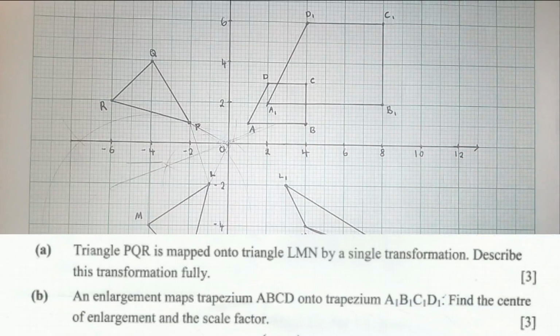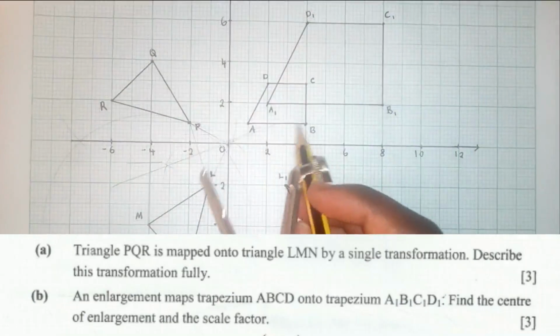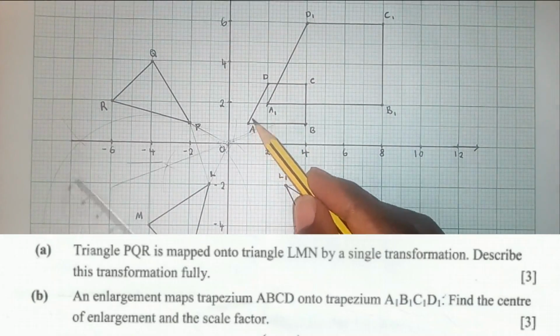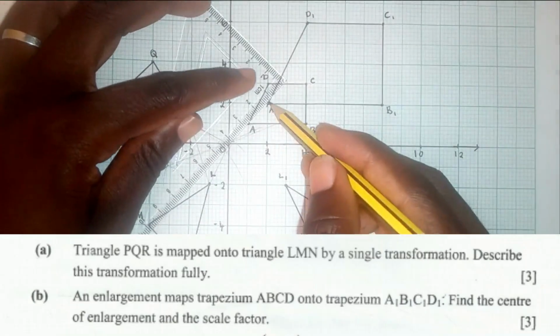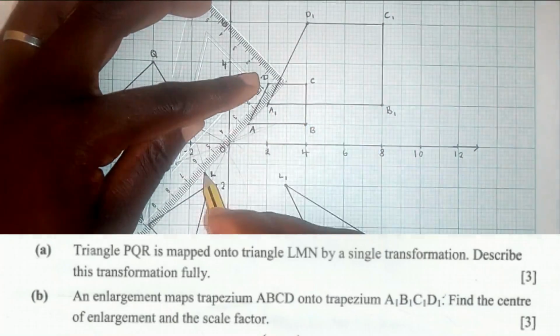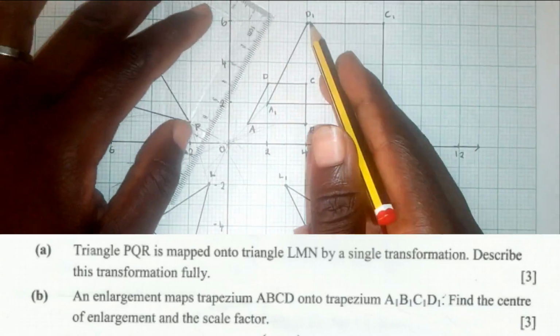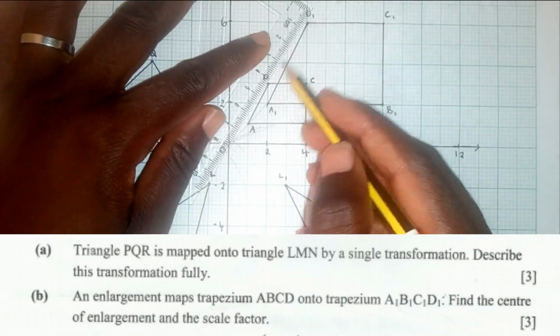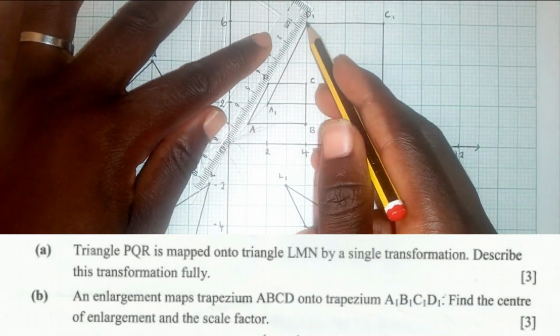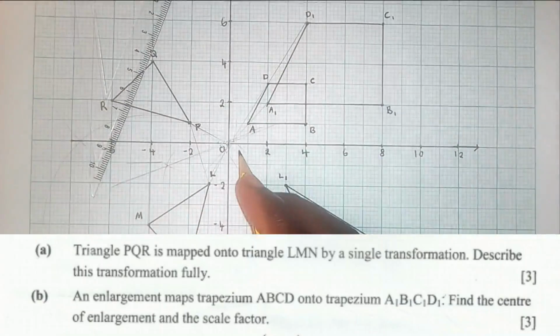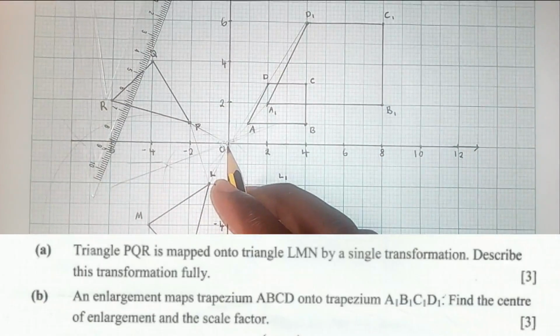Basically, we pick 2 corresponding points, A and A sub 1, and join them. It has passed through the center. You can join B and B sub 1, D and D sub 1. They are all passing through the center, meaning your center of enlargement is 0, 0.